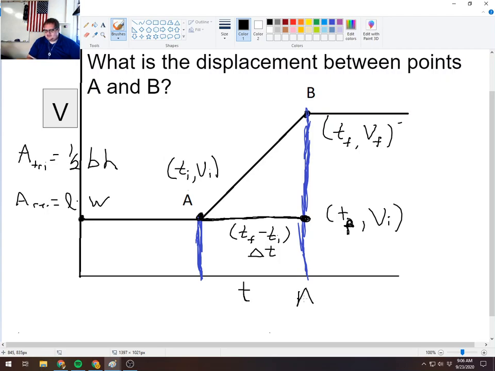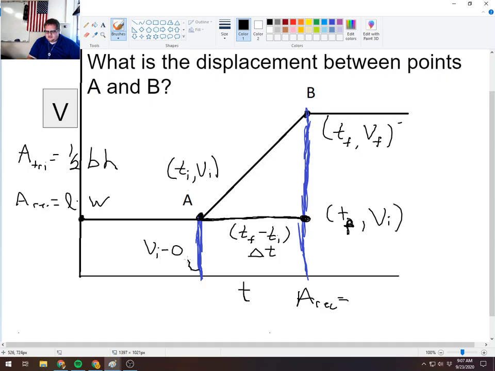The area of the rectangle is going to be the length times the width. So let's get the length. The length goes from what? 0, this is obviously 0 down here, to VI. So this side would be VI minus 0, which is of course just VI.